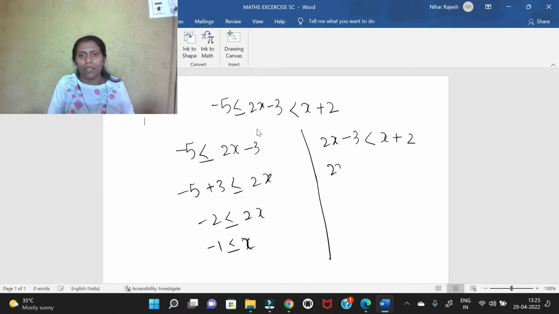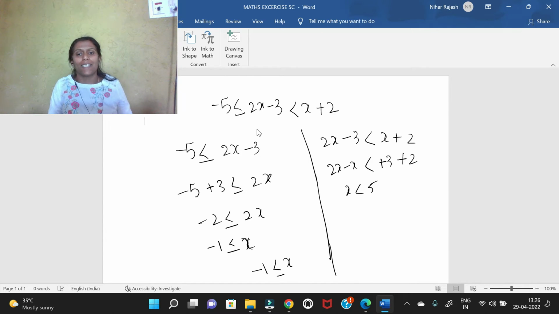Now here also, 2x minus x less than -3 plus 3 plus 2, which is x less than 5. So here if you observe, there is -1 less than or equal to x, and also x is less than 5.